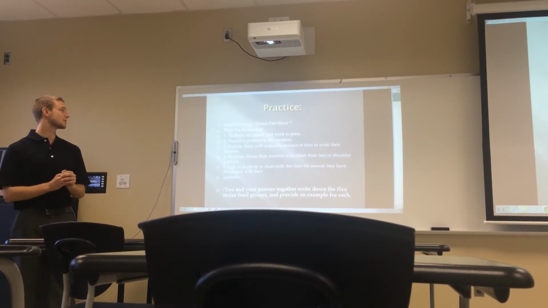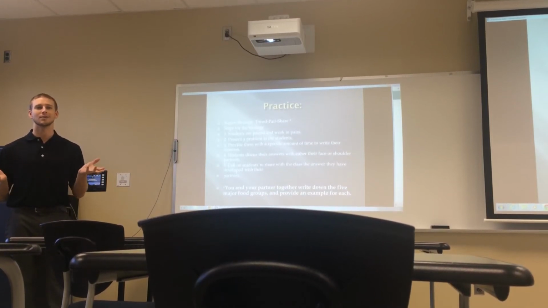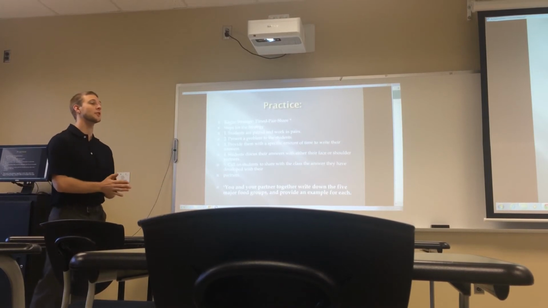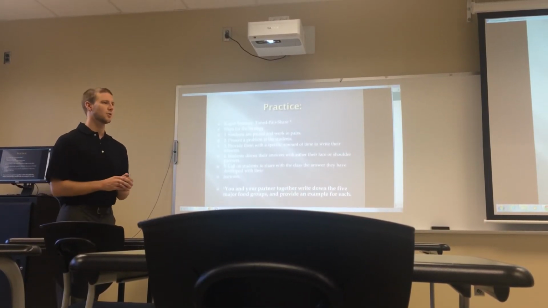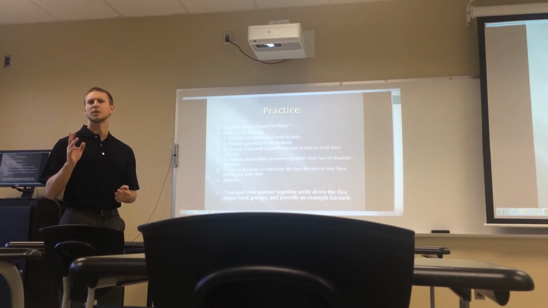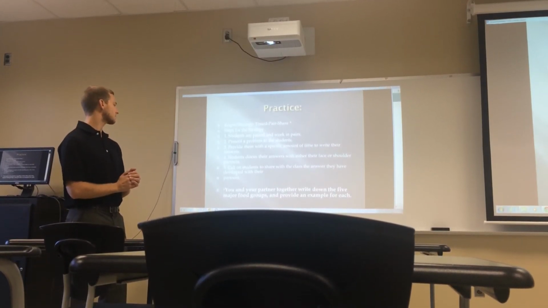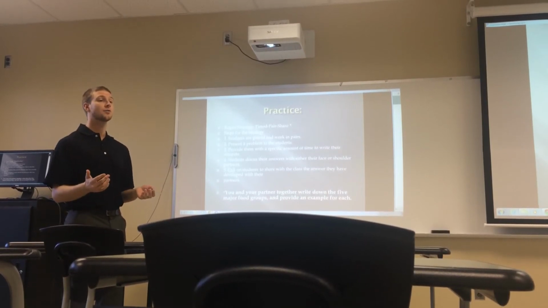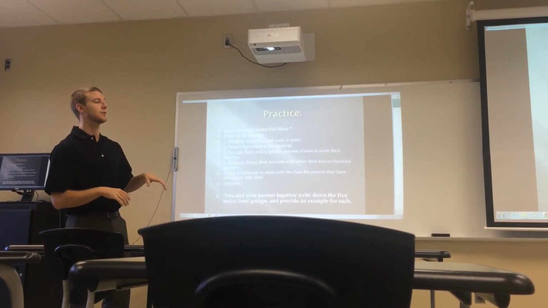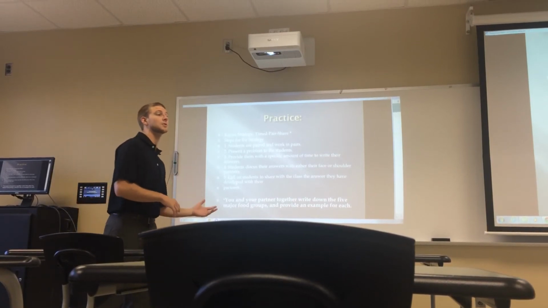Okay, so this is the timed pair share. I'll just give y'all like a minute. I think we all know our 5 major food groups. That was my example here. Basically, each one of y'all would partner up, or I guess we have an odd number in here, so we have a group of 3. And I would prompt you to list your 5 main food groups, which in a classroom setting I would have probably just discussed.